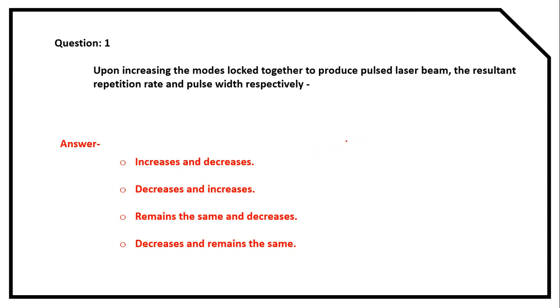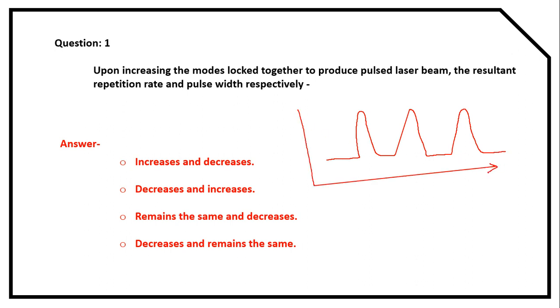Suppose, for the pulse laser beam, what is a pulse laser beam? First of all, it is not a continuous wave. With time intervals, its intensity increases and then decreases, then again turns to zero, and again increases to a maximum and then turns to zero. So with respect to time and intensity, it is plotted like this.